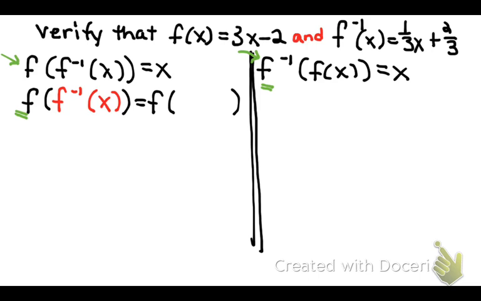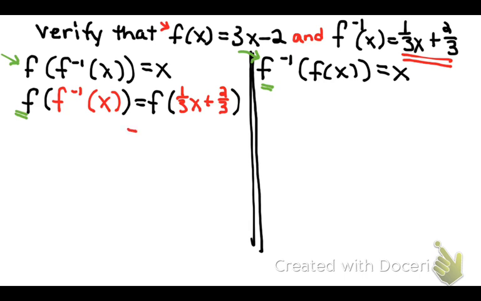Because we're starting on the inside, we're going to go over to the values they have for our inverse, and we're going to put those inside the parentheses. So 1/3 x plus 2/3. But that only represents the inverse. Now we have to include the values from our function.